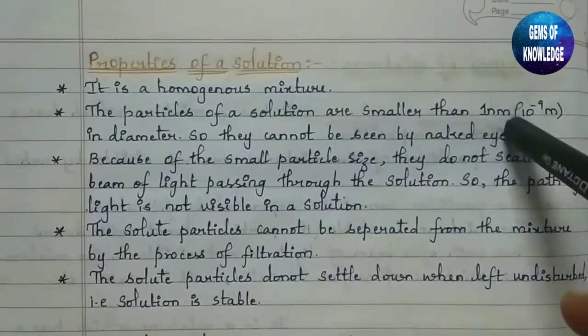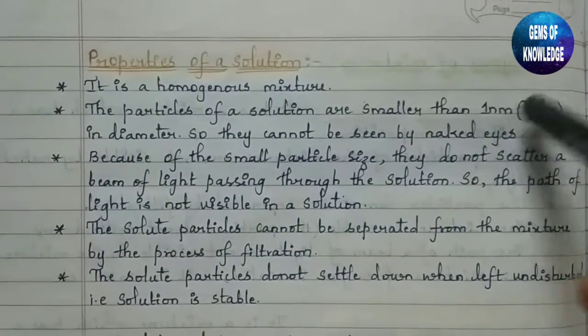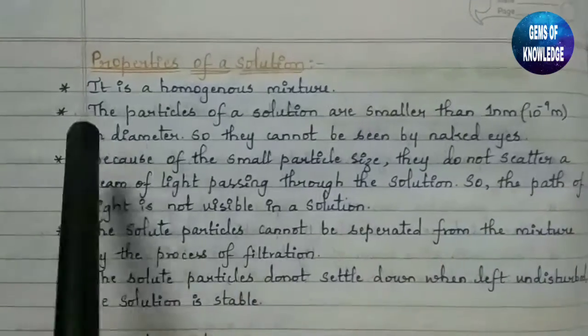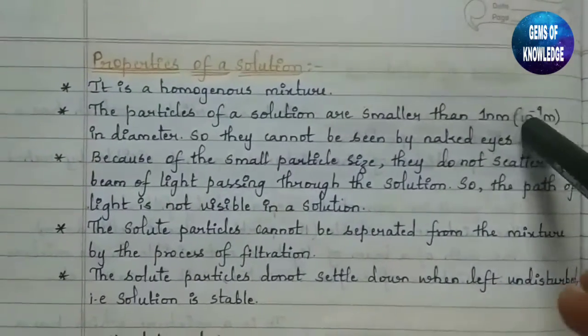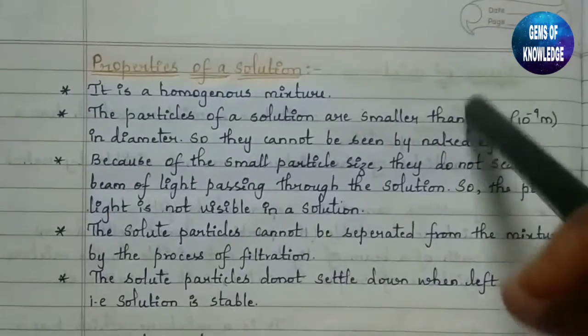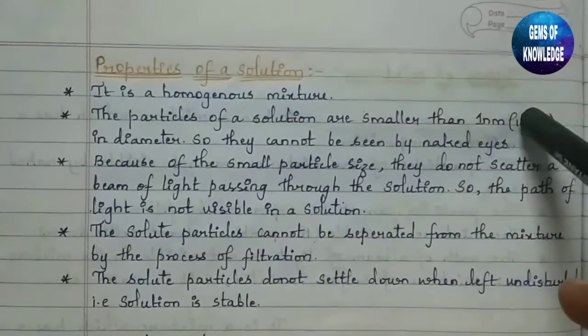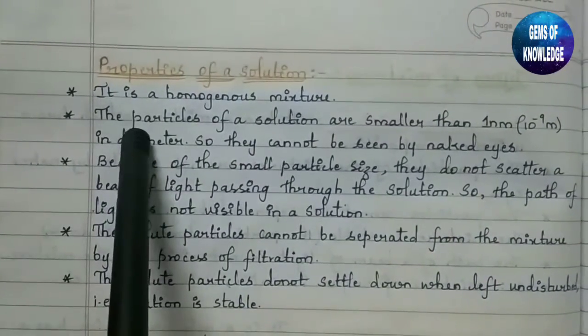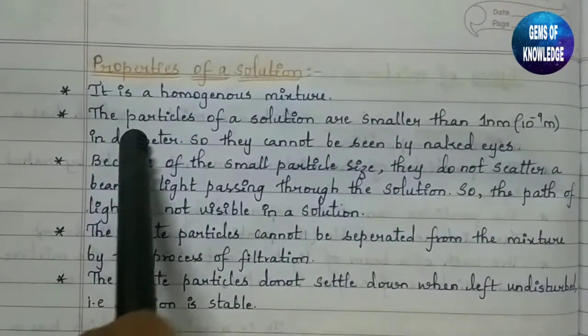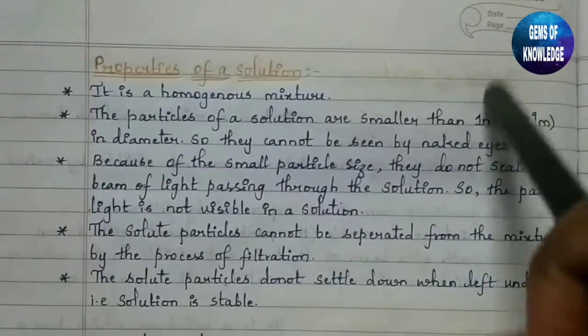Nanometer is 10 to the power of minus 9 meter. So the particles are smaller than 10 to the power of minus 9 meter in diameter.